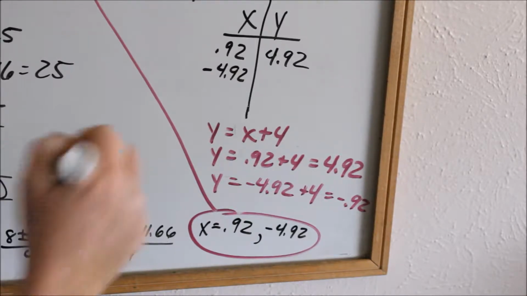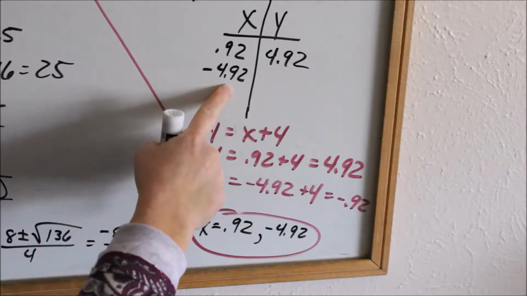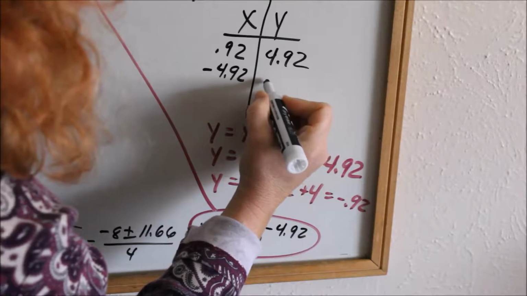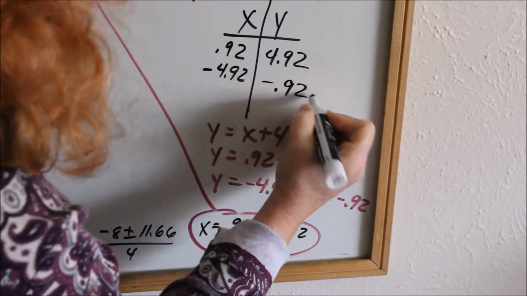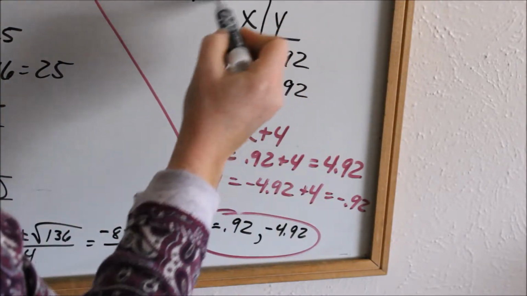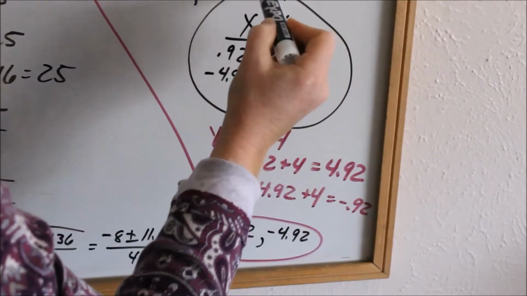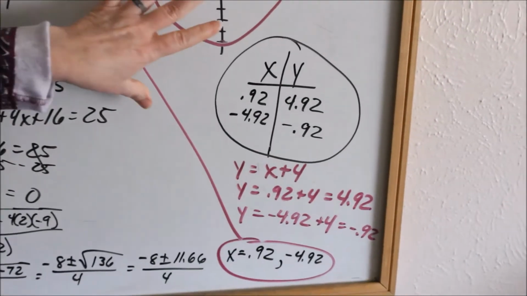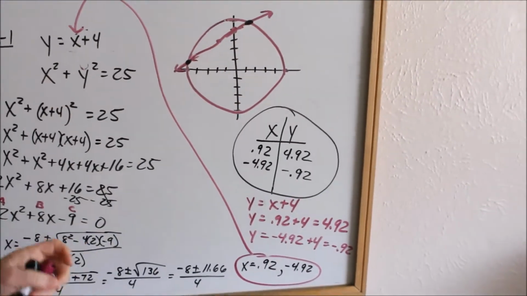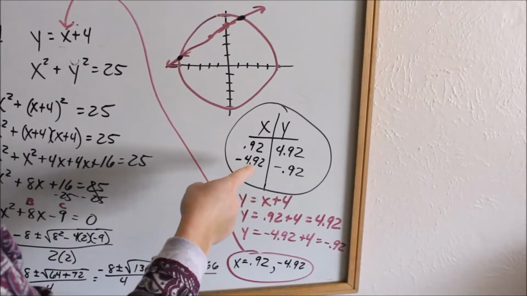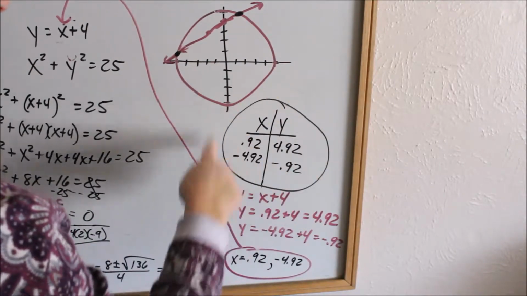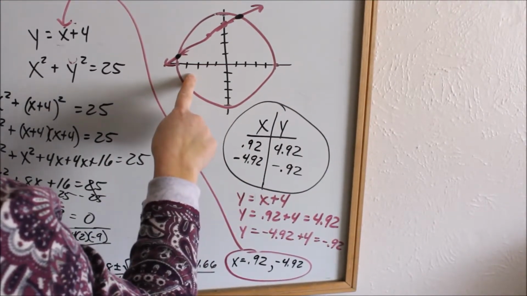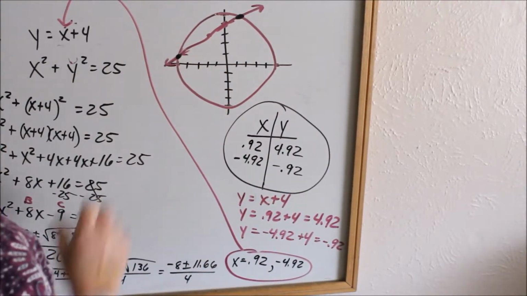So, when my x value was negative 4.92, my y value was negative 0.92. I can take these and put those on the graph; this was just an estimate. Now I can go back and see, do these values match my estimate? If not, I need to fix my graph to where it's a little bit better.